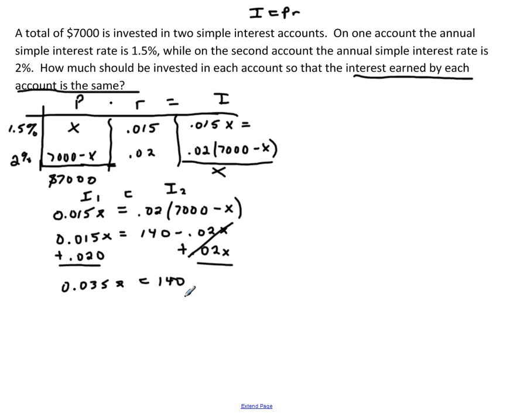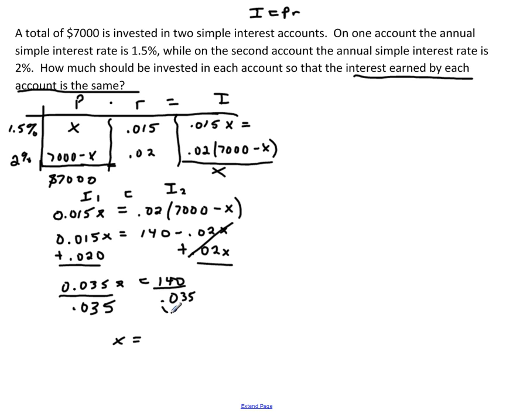If we want to do a division right here, we have to divide both sides by 0.035. So we're going to divide 140 by 0.035 to get our amount. How does that work? Well, if I don't like the fact that I have a decimal place in my denominator, I can get rid of it.